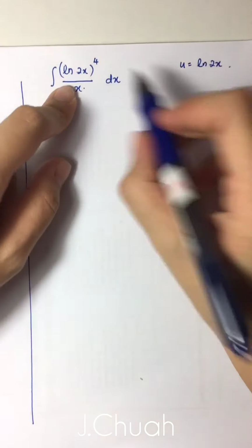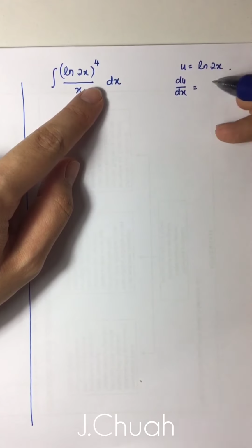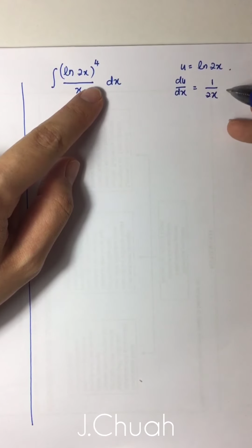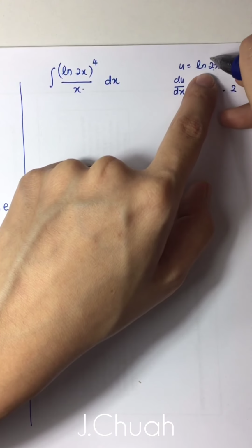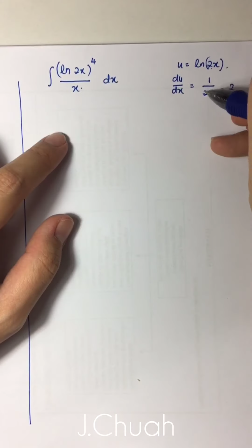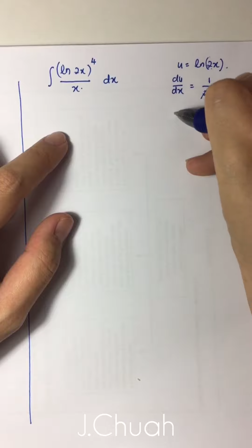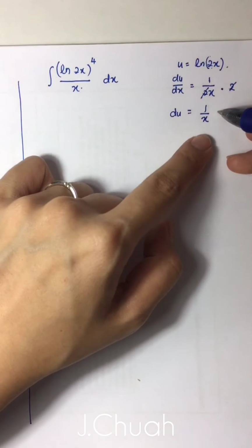We don't take the power, we just take ln 2x, where if you differentiate this, you will get 1 over 2x multiplied with 2. What is 2? It comes from here, where you differentiate 2x and you get 2. So if you simplify this, you will get 1 over x.